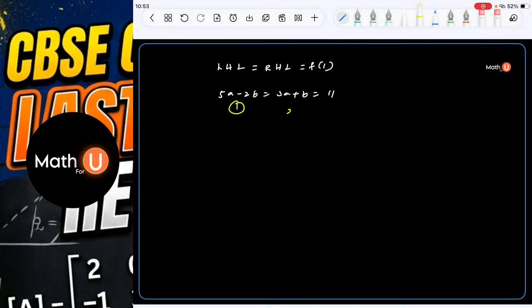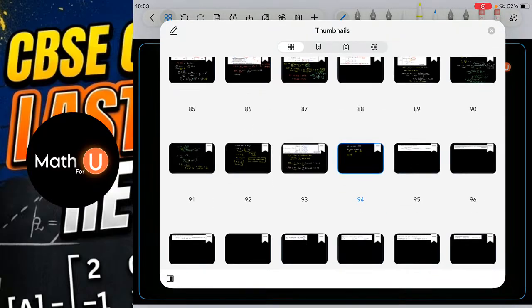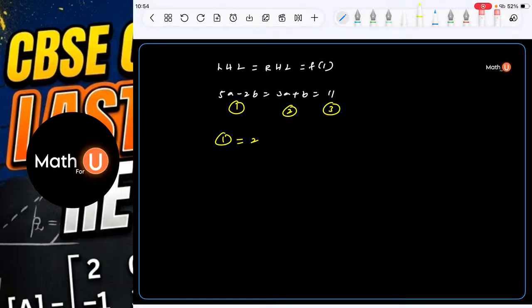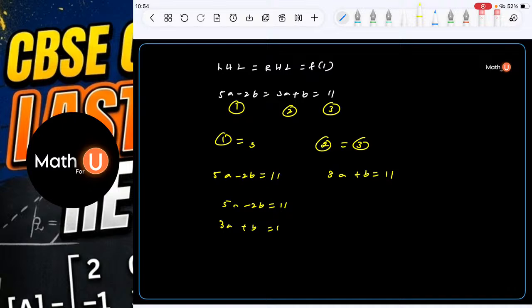Equate 1 equal to 3, we get 5a minus 2b equal to 11, and 2 equal to 3, we get one more equation, 3a plus b equal to 11. Simplify this.